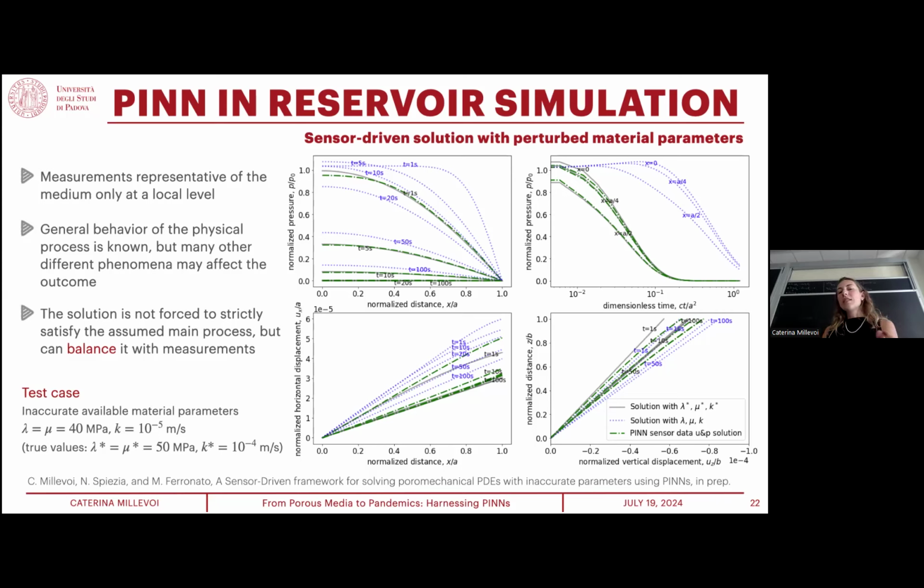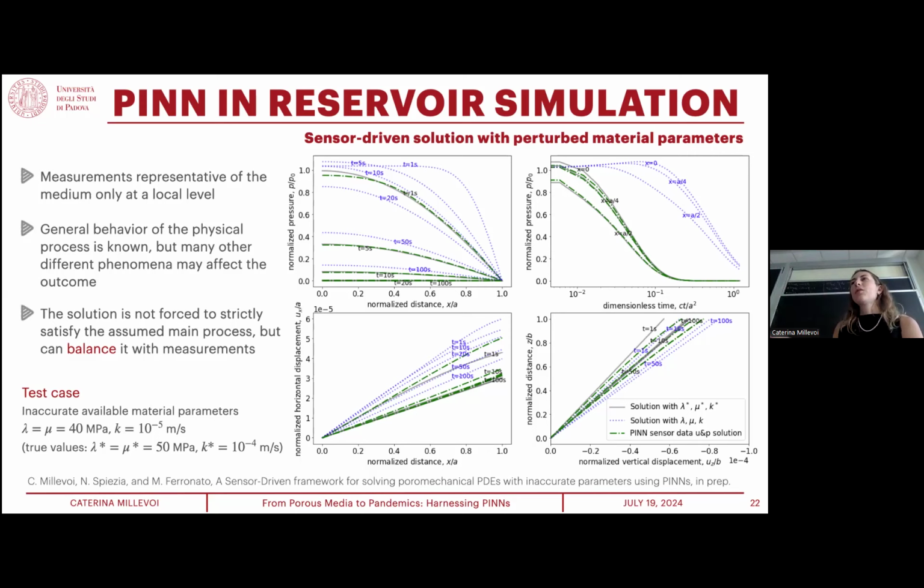But something that is extremely interesting for us, and that we want to investigate from a theoretical point of view, is how the PINN is actually able to catch this. For example, if we train our PINN only with the datum, as the datum is only at a fixed location, the result is extremely wrong.